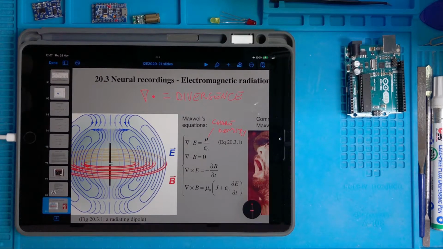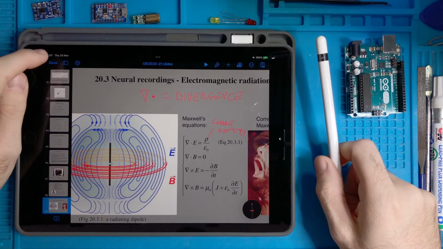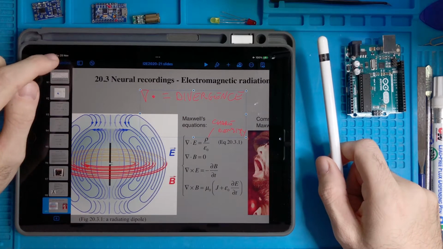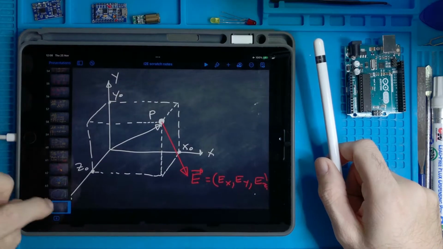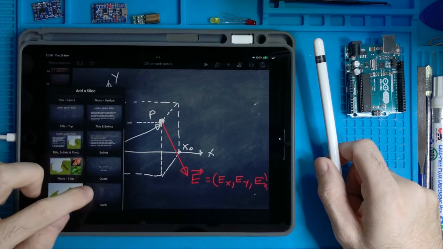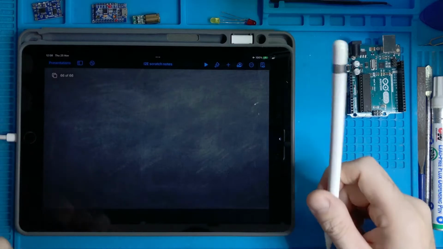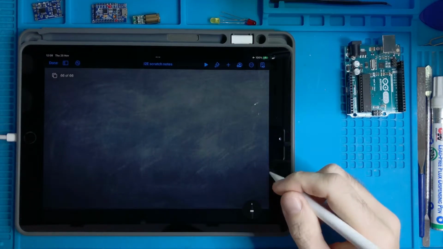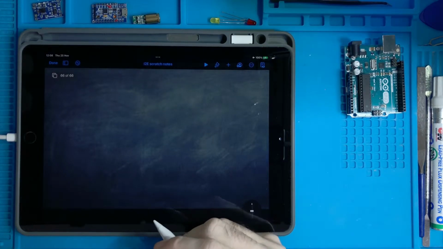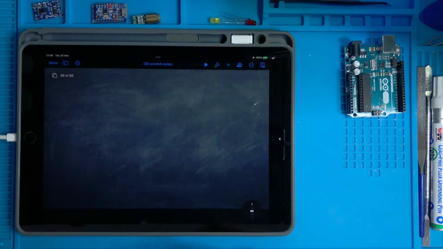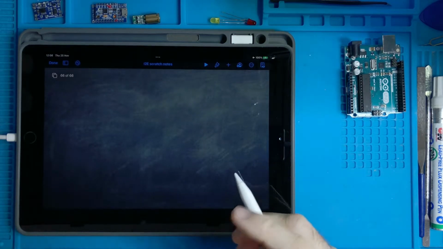So let's try to have an idea of what this means without doing too much mathematics. So this thing is saying that we are in the space, we consider a point, and we want to consider the charge density in the space.